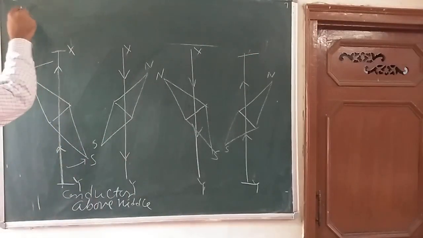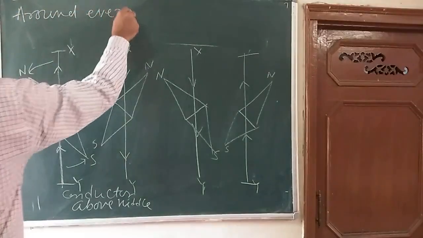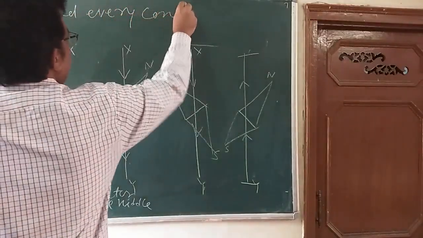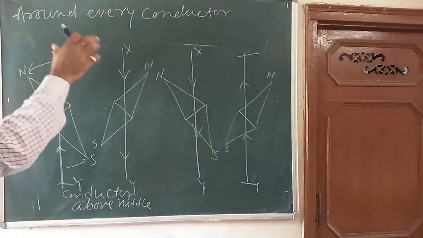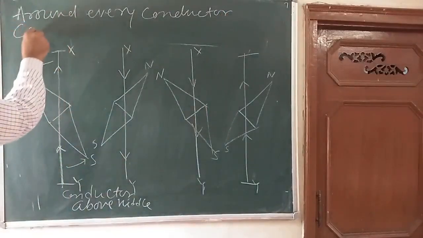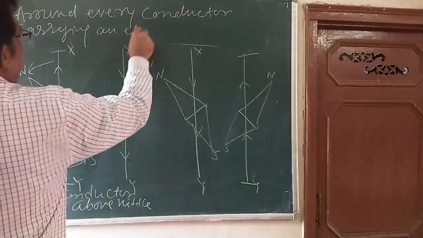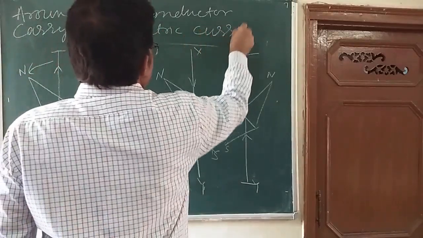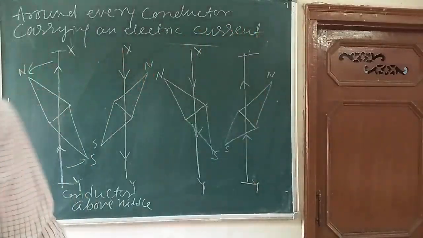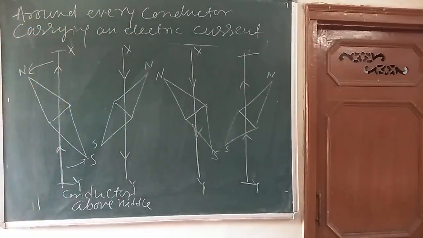Write down: around every conductor carrying an electric current, there is a magnetic field.